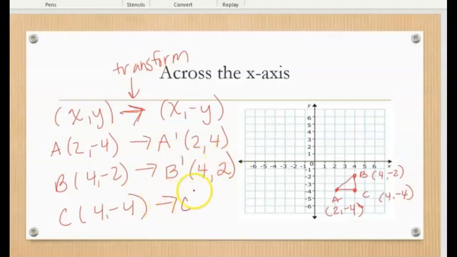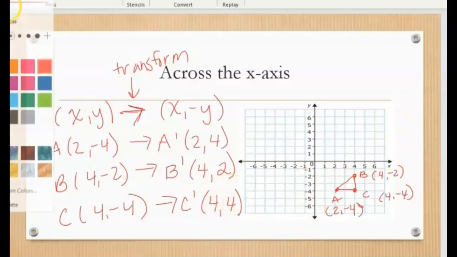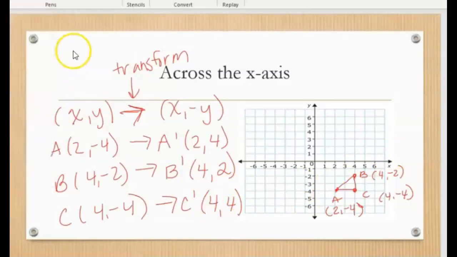And the image of C is C prime. And instead of -4, we're going to have a +4. So let's plot the new shape on the coordinate plane and see what it looks like. So 2, positive 4 is A prime, and 4, positive 2 is B prime, and 4, positive 4 is C prime. There's our triangle.